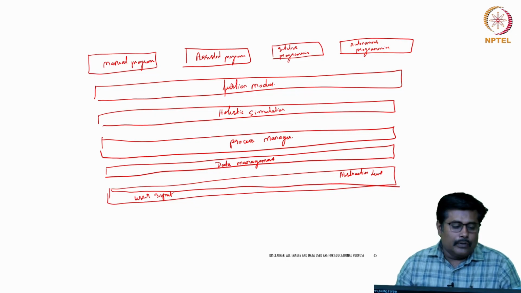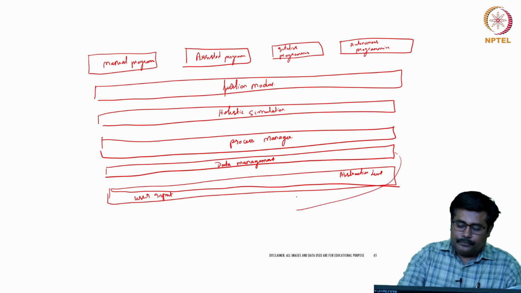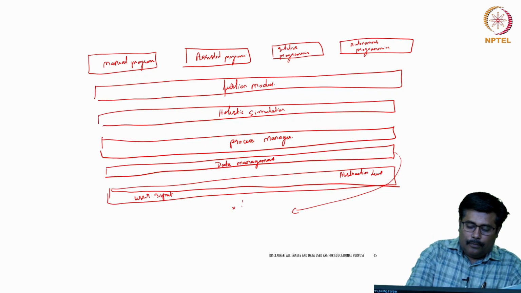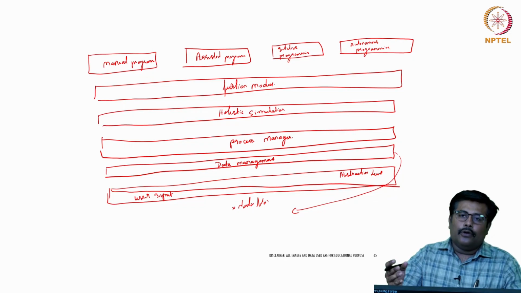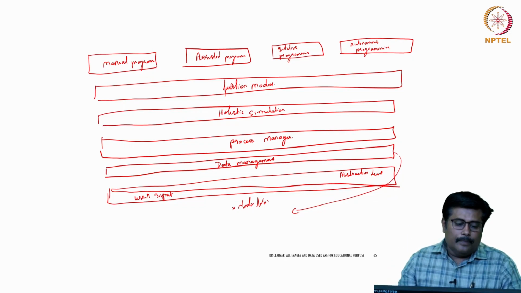Now, let us discuss data management. From the data management point of view, it is mainly meant to facilitate the data flow across the different modules and their functionalities. A centralized database is mandatory.